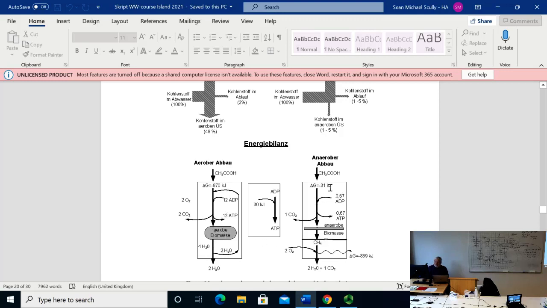And here, if you take 2, you get about 1.2 ATP, because the two molecules are almost completely degraded. So this is why this relation is 1 to 10.